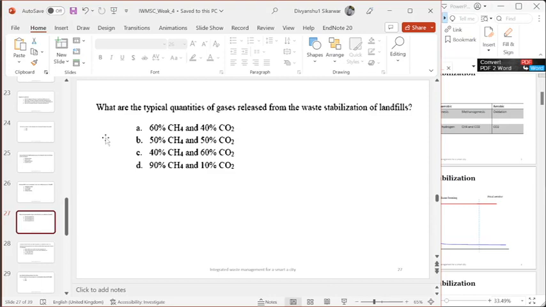If biodegradable organic waste is comparatively less, then obviously methane concentration will go down. But the average value reported by sir in the class was 60% methane and 40% CO2.